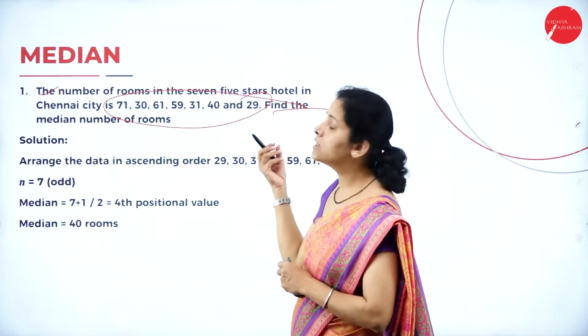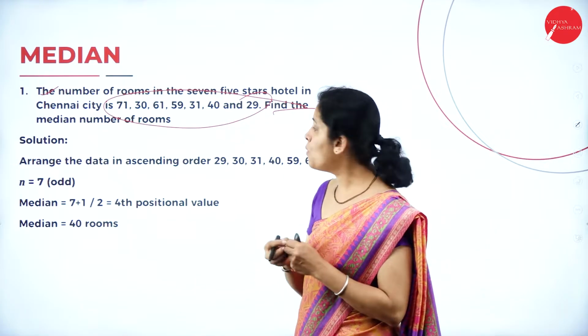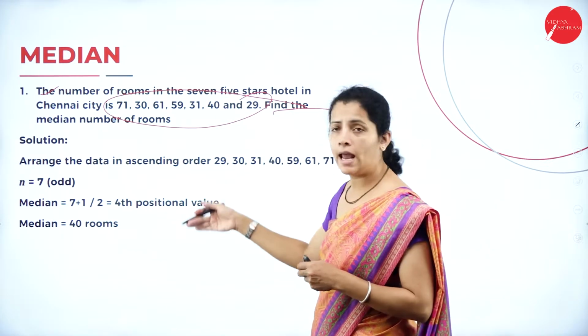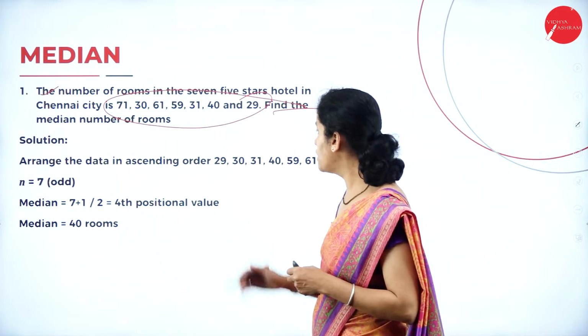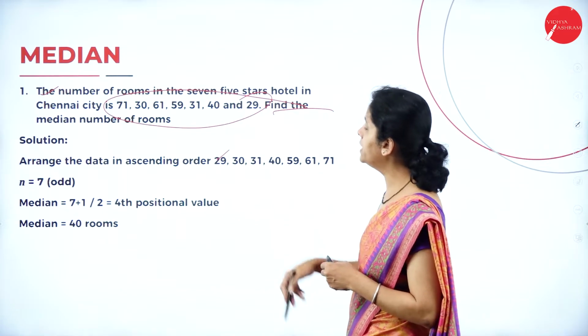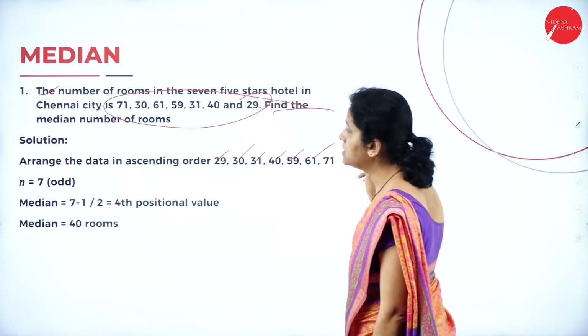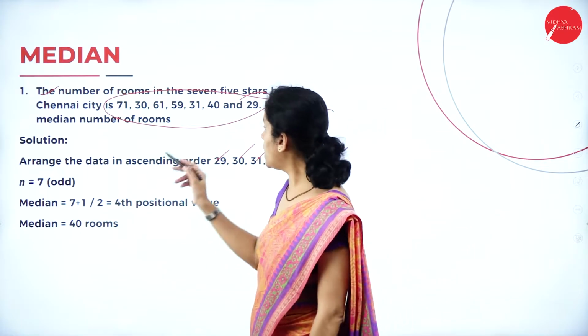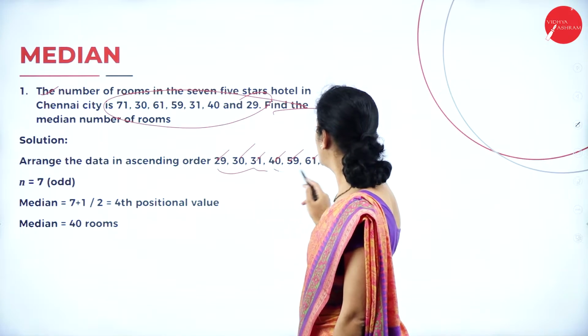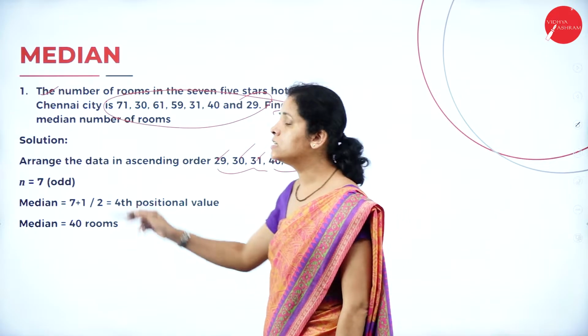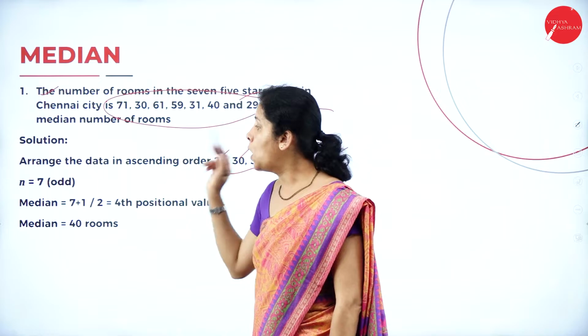Here all the data are scattered. So what I want to do is align the data in ascending order: 29, 30, 31, 40, 59, 61, 71. Okay, now what is n? n is nothing but the total count. So n is 7, so it is an odd number.